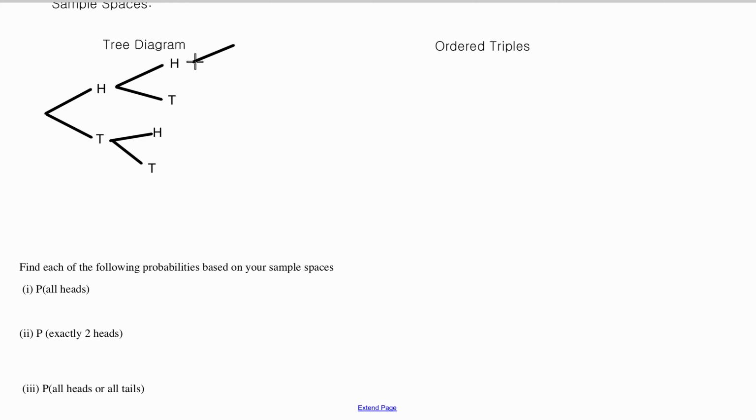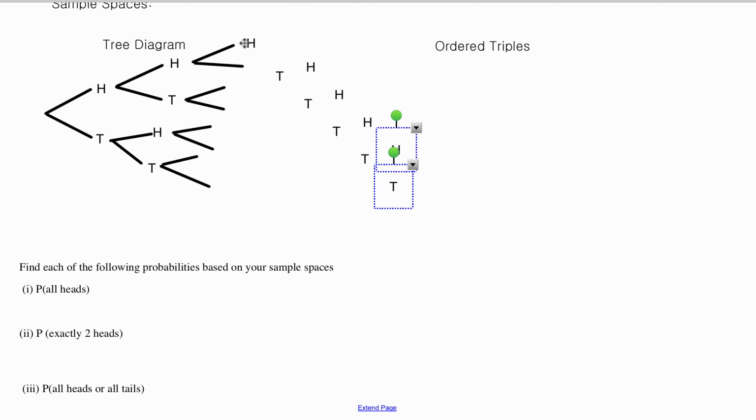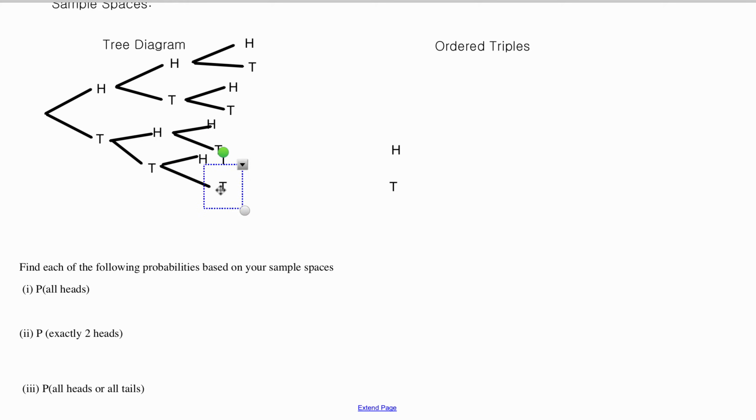So I could branch off of each one of these. And each time, it could be a head or a tail. So it could be head, tails, head, tails. That's it.